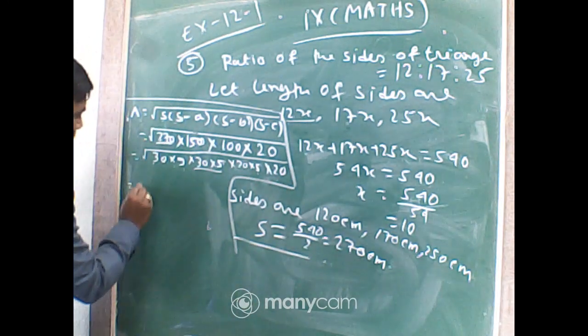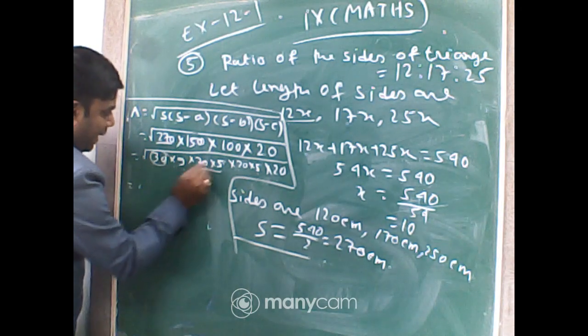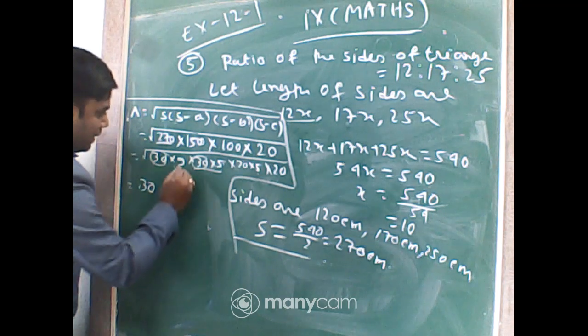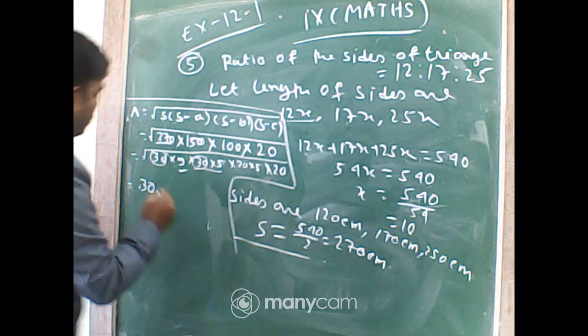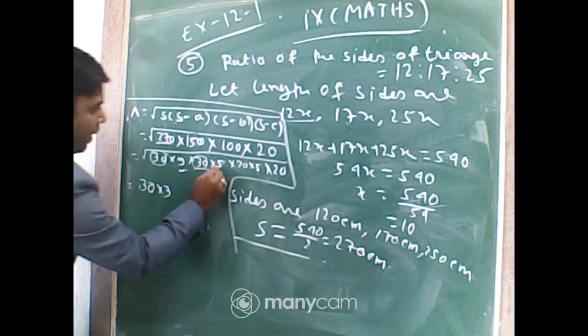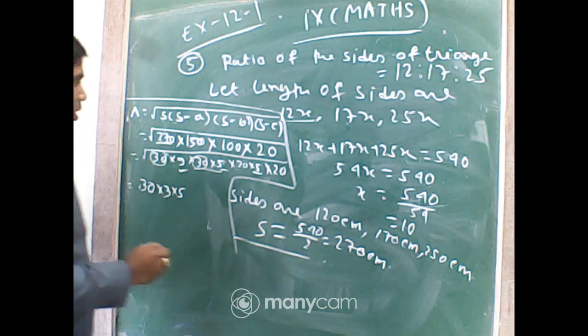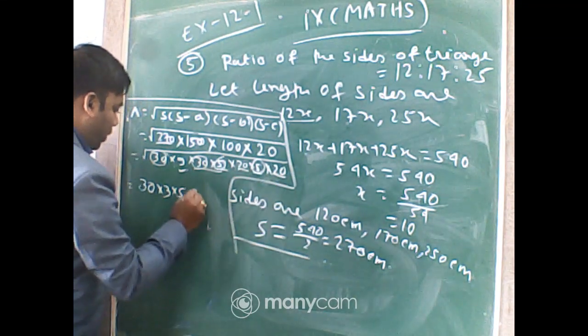Now, just take the pair. This 30 and this 30 come out of the root, that will be 30. This 9, root 9 is 3 into 3, comes out from the root, that is 3. 5 and 5 also come out from the root, and the last one 20 and 20, that is 1.